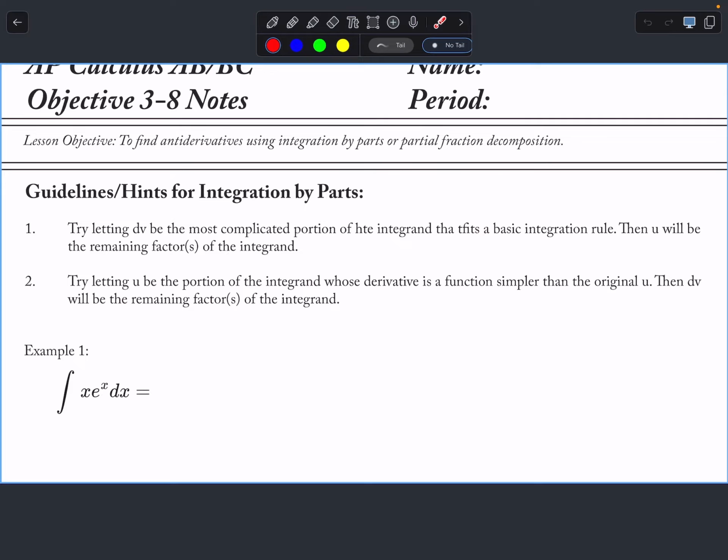So the formula for integration by parts is, if you have a strange product, u times dv, that antiderivative is equal to uv minus the antiderivative of v du, meaning that I would have to take my u and my dv that I was given, find the derivative of u, and find the antiderivative of dv in order for me to be able to use this formula.